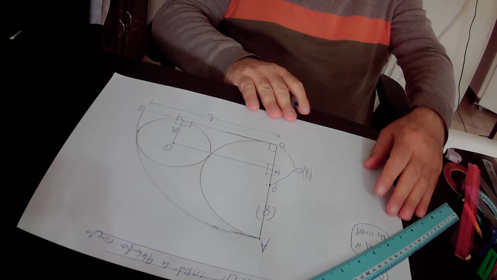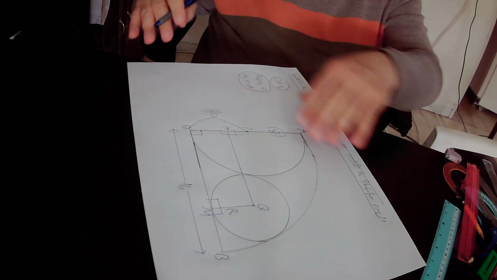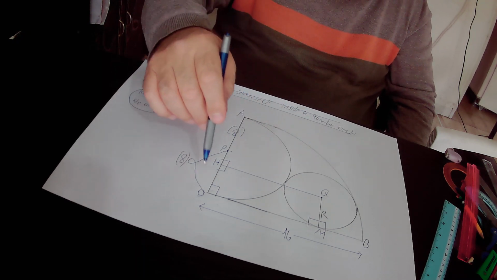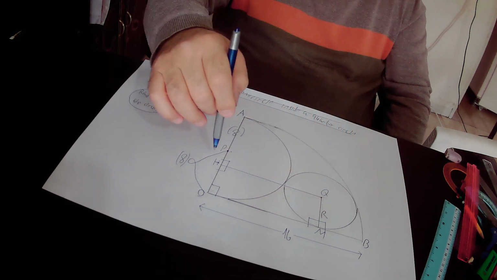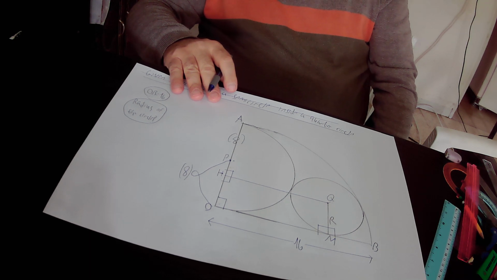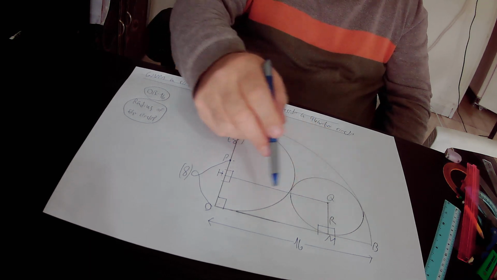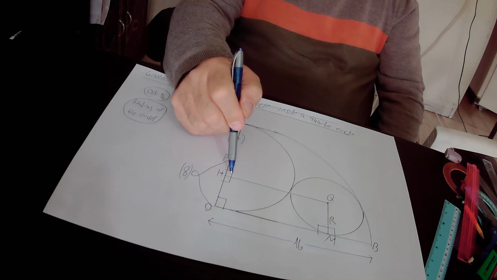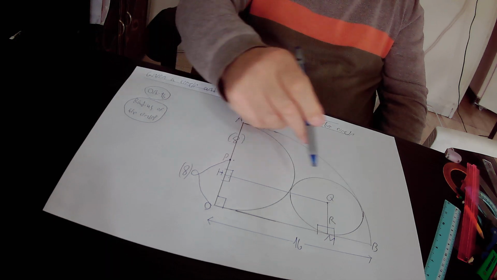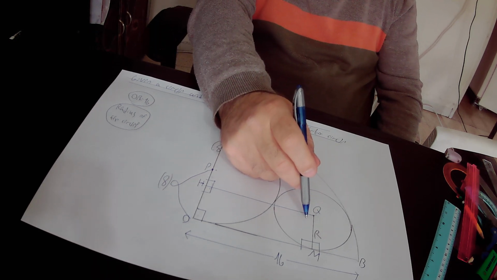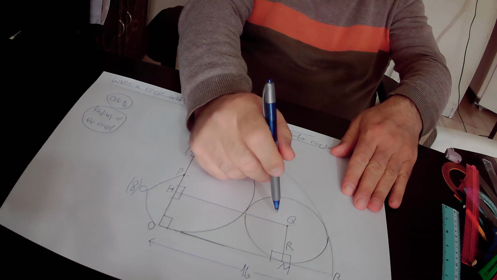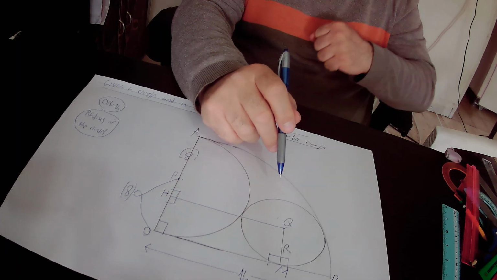By doing this construction, we can get here quadrilateral QHOM. Inside this quadrilateral, we have 1, 2, 3 right angles. The sum of 3 right angles is 270 degrees, so 270 degrees plus the size of this fourth missing angle, in total, must be equal to 360 degrees, according to the rule that the sum of the angles in any quadrilateral is equal to 360 degrees.